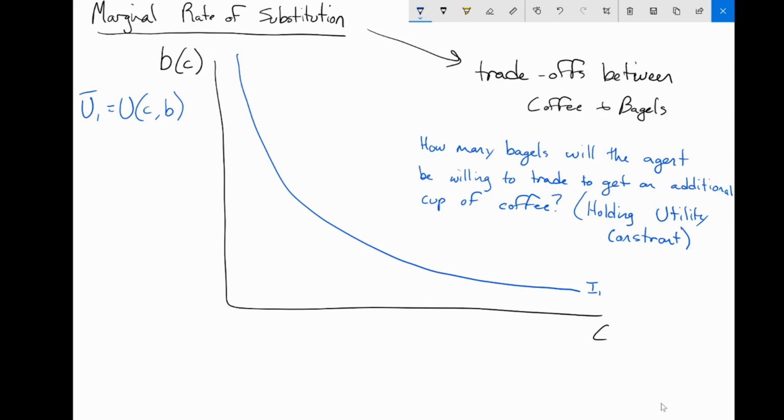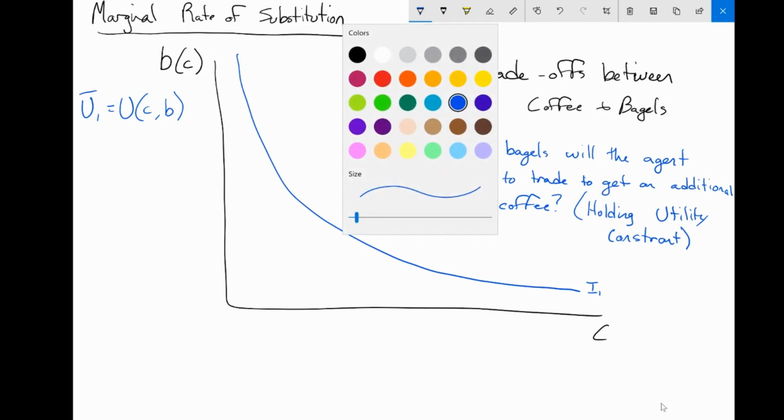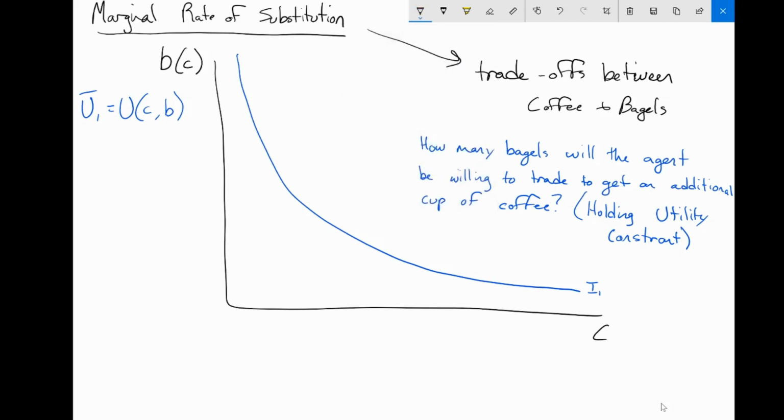Now this is going to be called the marginal rate of substitution. But when I'm talking about the margin, we can always then move into derivatives. If I wanted to say, how many bagels am I willing to trade to get an additional unit of coffee? Another way of putting that would be, how many bagels would I lose if I increased my coffee consumption by 1?